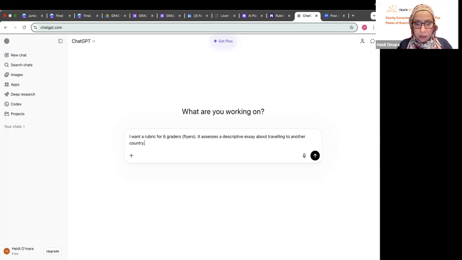Okay. The main criteria could be task achievement, including ideas and word limit.